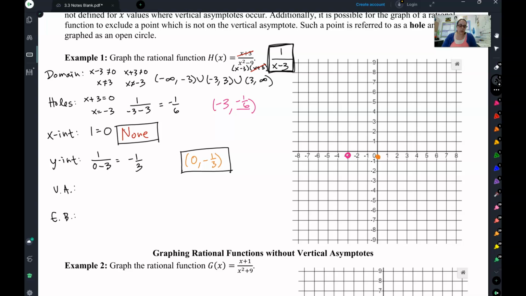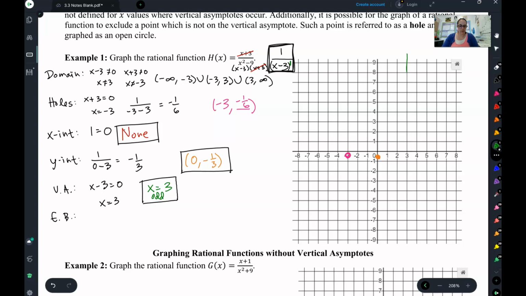Vertical asymptotes, look at the denominator. Set that denominator equal to 0. So I get x equals 3. So I have a vertical asymptote at 3, and this is an odd asymptote because the exponent on the factor is a 1, and that is an odd number. So I can come over here at 3, do an asymptote, say it's odd, or a little o.